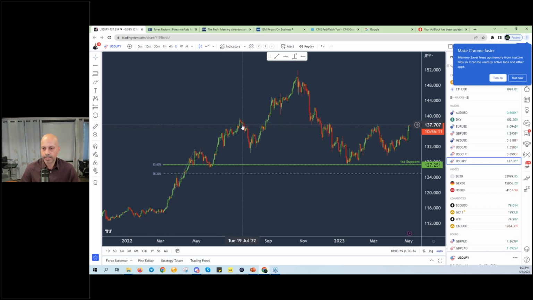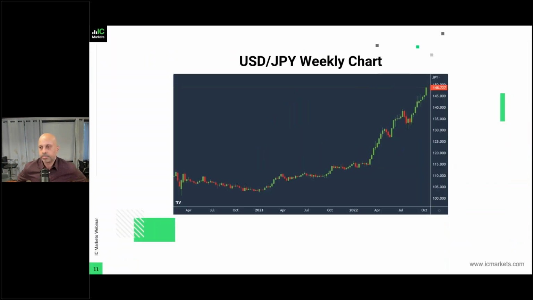Okay, then for the second part is, okay, so for the first part, we look out for monetary policy divergence, right? So this is why I use the dollar yen as an example to highlight the differences between policy actions by the central banks.